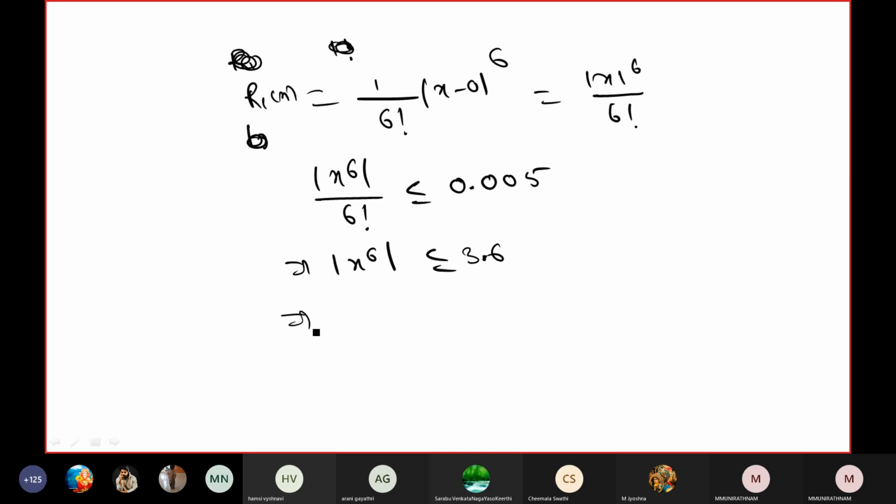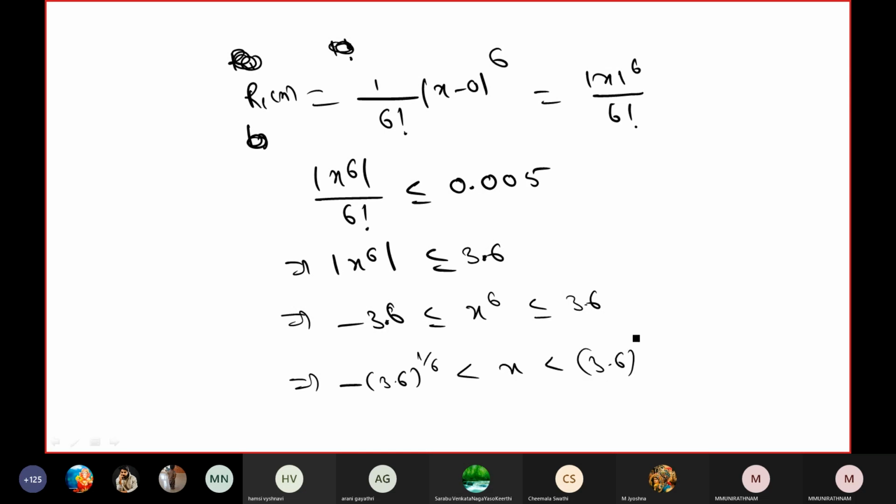Which is nothing but minus 3.6 less than x power 6 less than 3.6. Nothing but minus 3.6 whole power 1 by 6 less than x less than 3.6 whole power 1 by 6.